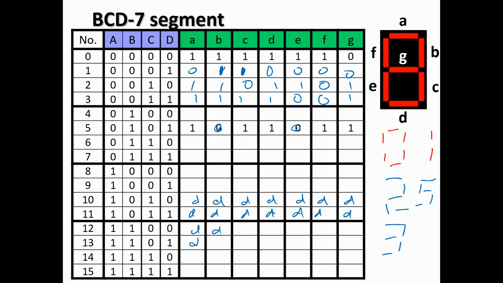So I can put a D for all of these: D, D, D, D, D, D, D, D. You can fill out the rest of the table. Pause this video, try to fill it out on paper, and then you can see the answer in a second.